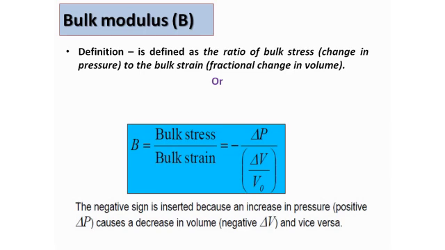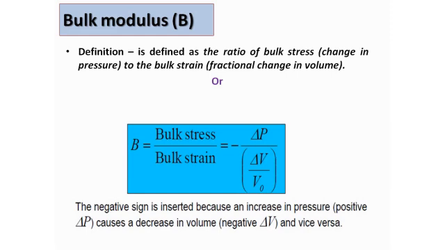So here, why have we given this minus sign? You should remember that this negative sign is inserted because an increase in the pressure, an increase in the bulk stress, always leads to a decrease of the volume. So delta V is decreasing upon increasing the pressure.